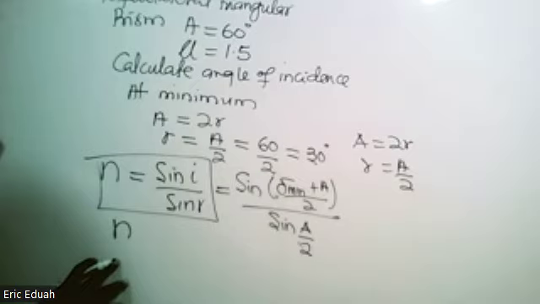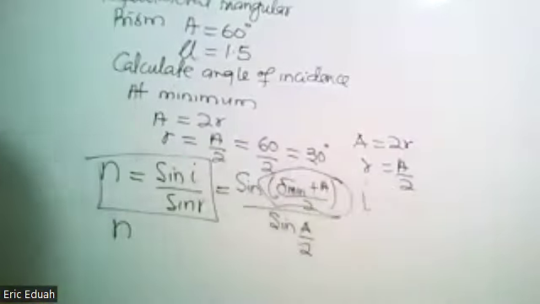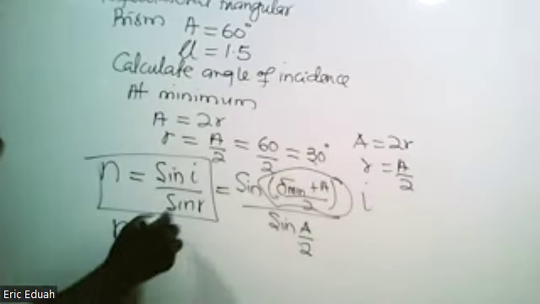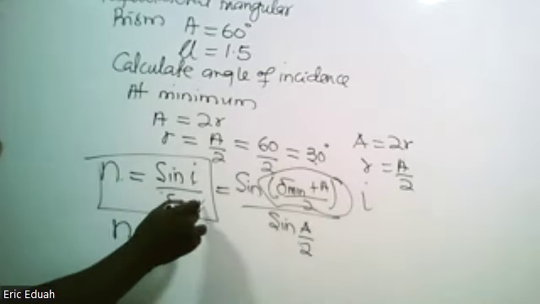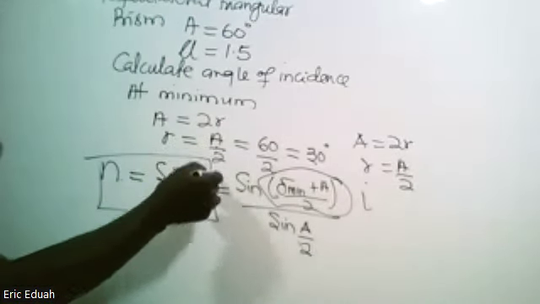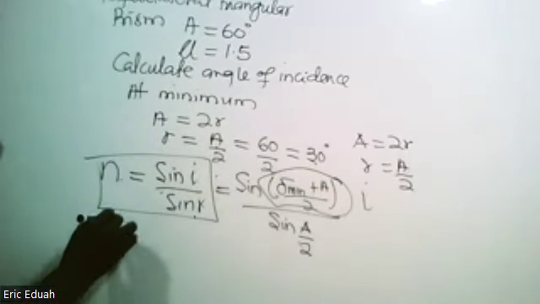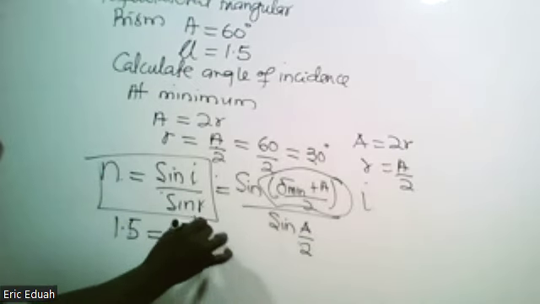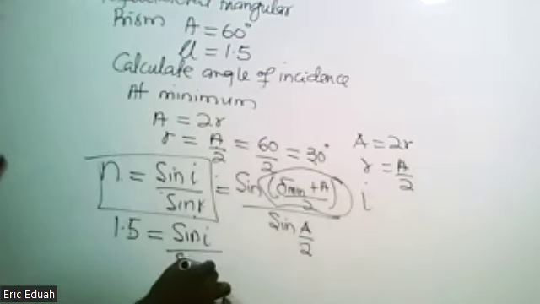Yes, please. This part is equal to I, so you don't need this formula. All that you need is that n is equal to sine I over sine R, and R at minimum deviation is equal to A on 2. So you have the refractive index 1.5 equal to sine I over sine of 30.